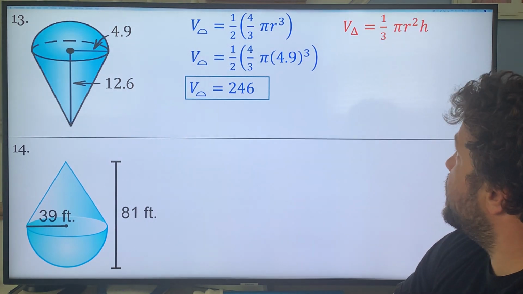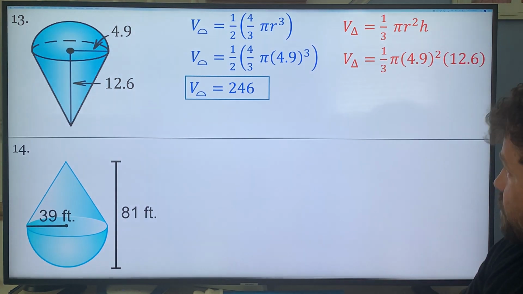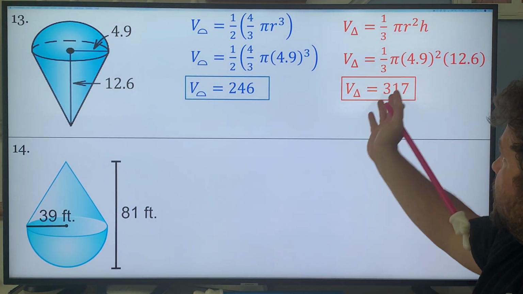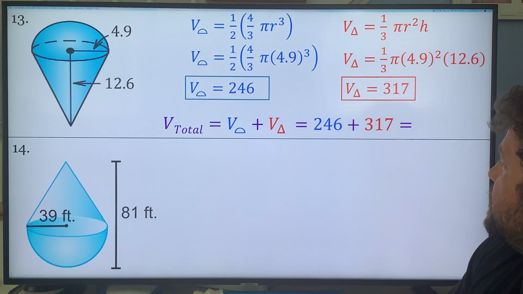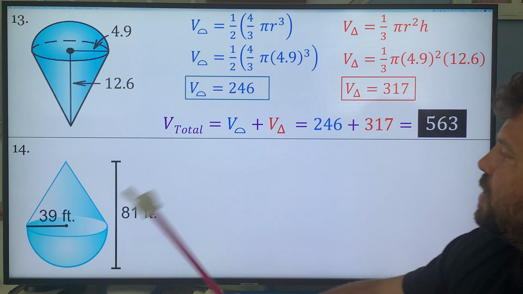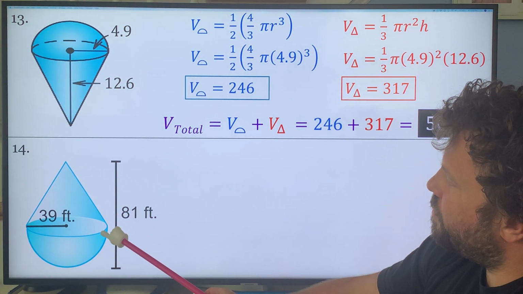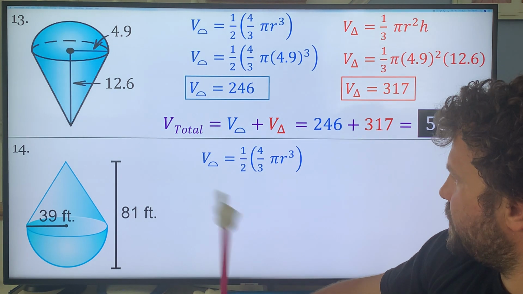Then 1/3 pi r squared h: 1/3 pi, 4.9 squared times the height, which is 12.6, gives 317. You add the two solids together to give you one large composite solid with a volume of 563.